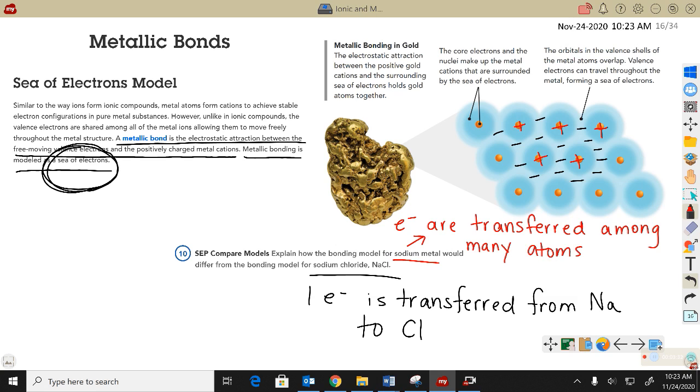So there's just no distinct destination. I know this gold atom is going to give away some electrons, but it's not like they're going to the chlorine. They're just kind of free to move amongst all the positive nuclei. So sea of electrons, just meaning that there's all these free moving electrons amongst the positive metal nuclei.